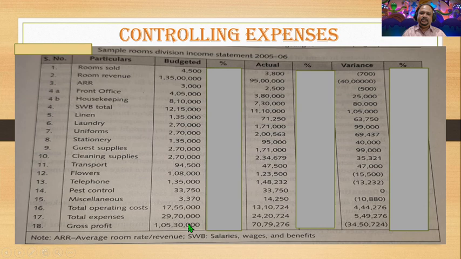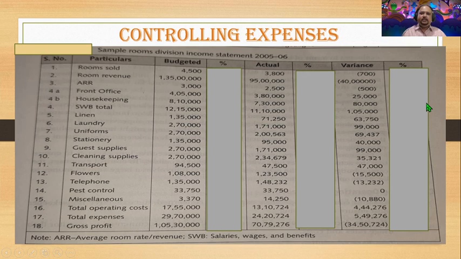And then once the actual expenses start, we try to find out what was the forecast and how much we have actually spent, and then we find out the variance or the difference, and from this we can understand we are going as per our budget, we have exceeded our budget, or we are within our budget. So this is a chart which helps a housekeeper in understanding the position of the housekeeping department on the basis of the budget which is prepared.